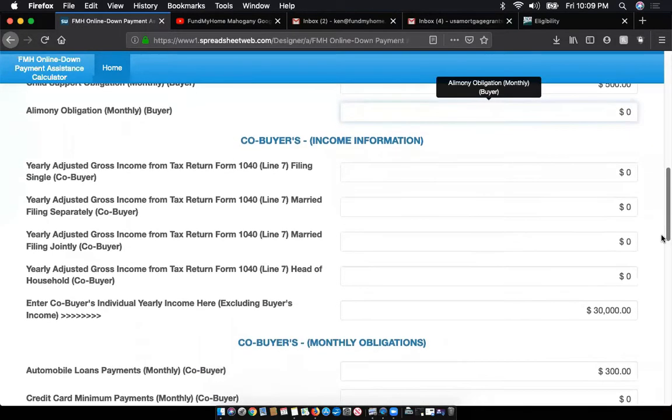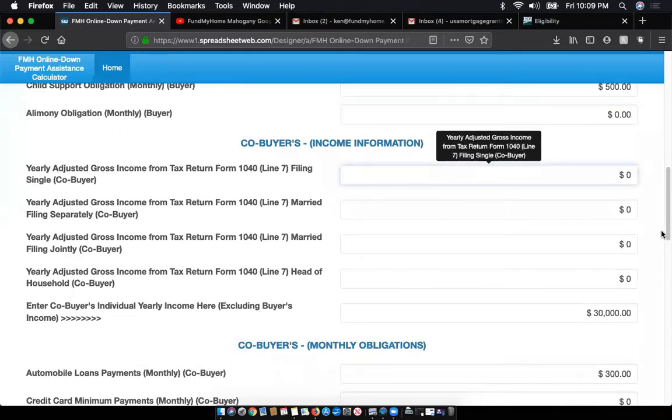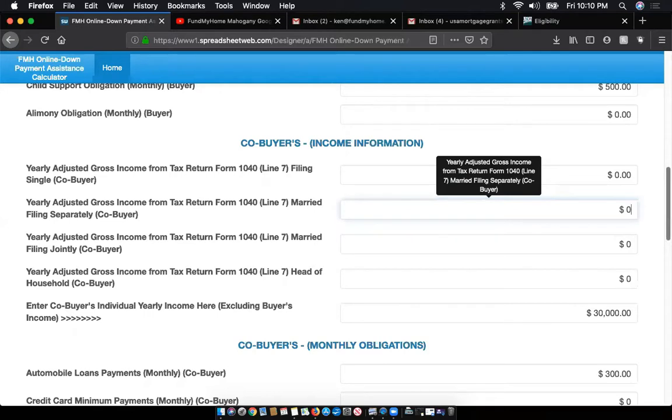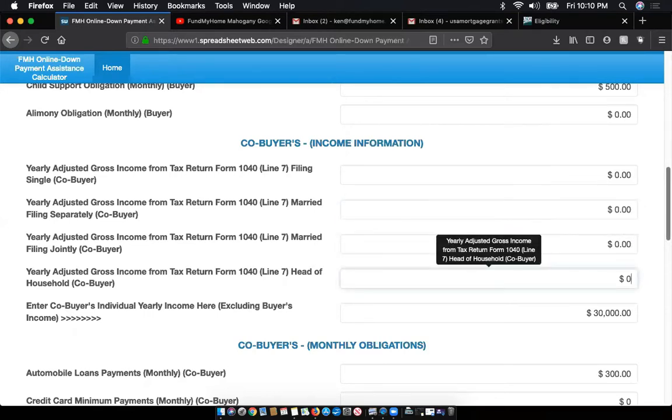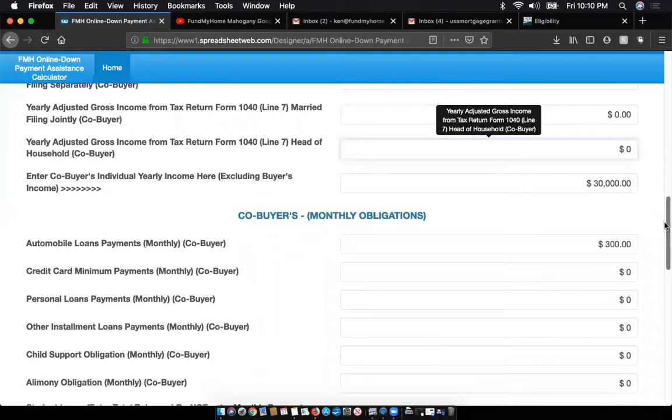Okay, so co-buyer's income, and then you will do the same as above, except if you're filing jointly and the buyer already entered it, then you don't want to duplicate it because it was already filed jointly at 85,000. So there you will put zero. Okay.